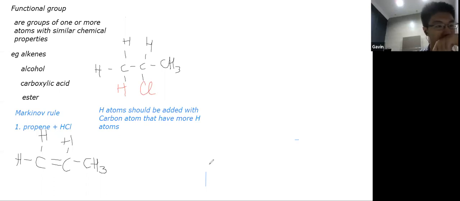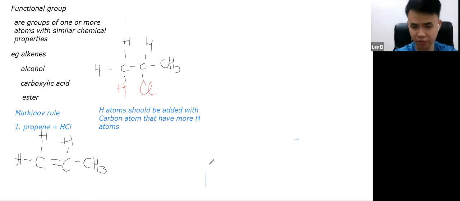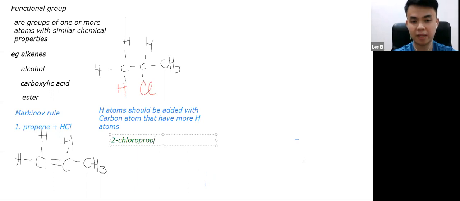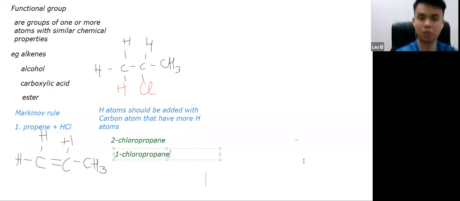The result, for those who have learned about the namings, would be 2-chloropropane. However, in IGCSE, if you do not follow Markovnikov rule and write down the product as 1-chloropropane, that one also would be fine.